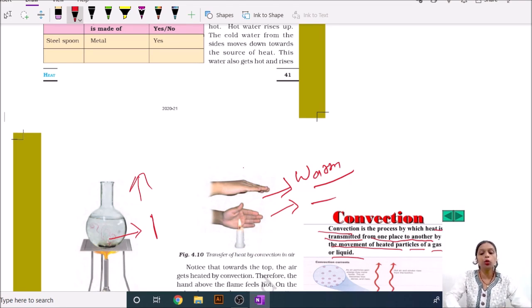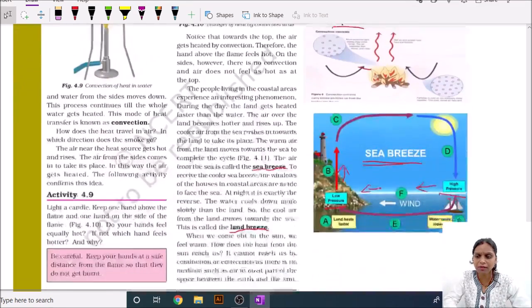You can take another example, which you experience whenever you go to a coastal area. The incidence is called sea breeze. What is sea breeze?